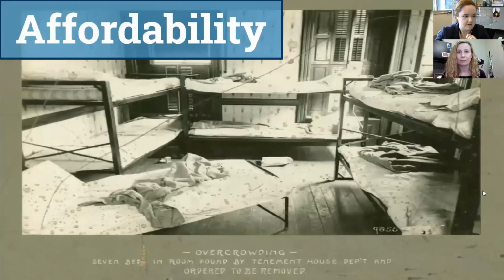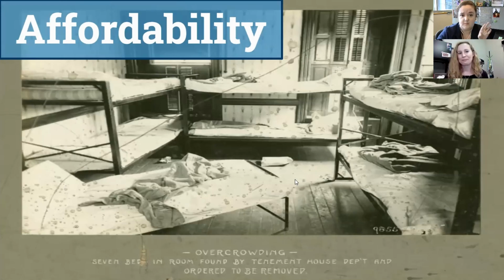So let's move on. Affordability is a big factor when you're trying to find a place to live. Am I right? I would say so. Yes. So you're going to want to find a place that is affordable. Now, this picture: seven beds found in a room in a tenement house department and ordered to be removed.